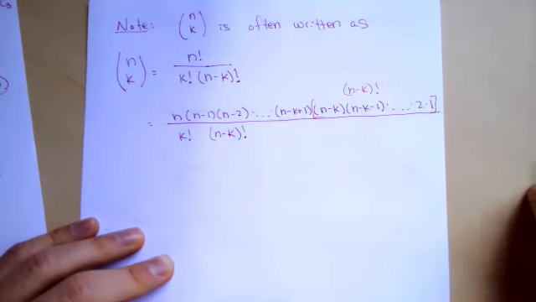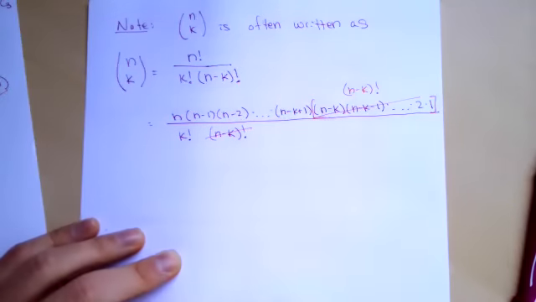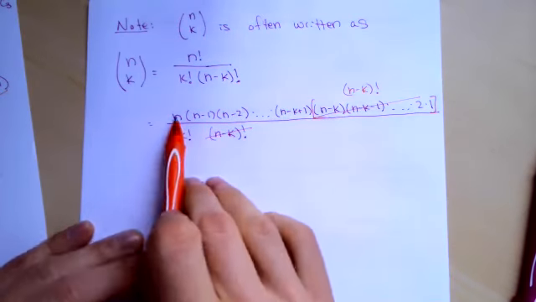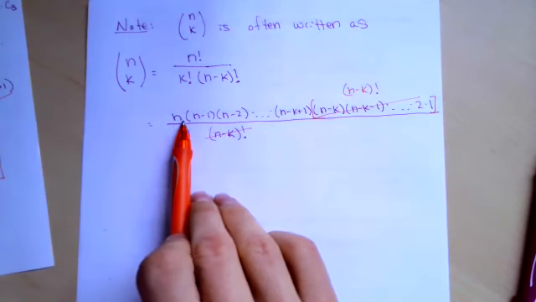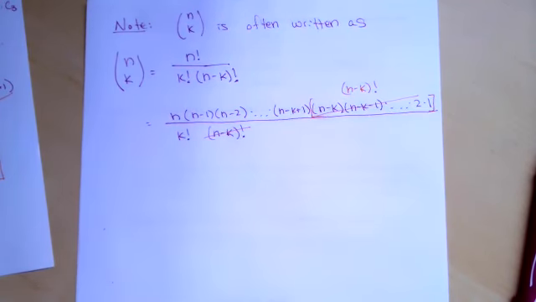And so all of those divide with this guy. And we are left with the formula as we saw it, right? n times n minus 1 all the way down to k plus 1. And our denominator is k factorial.